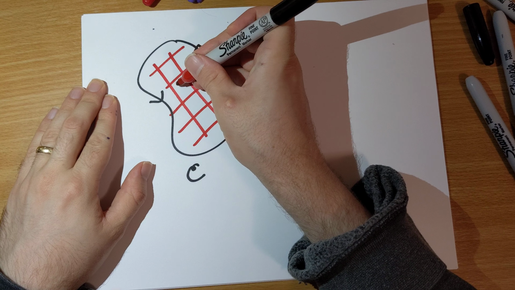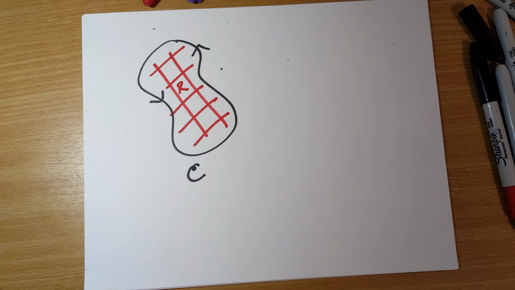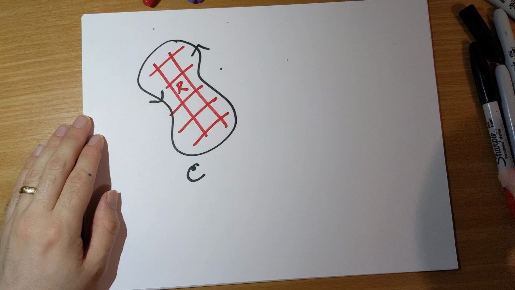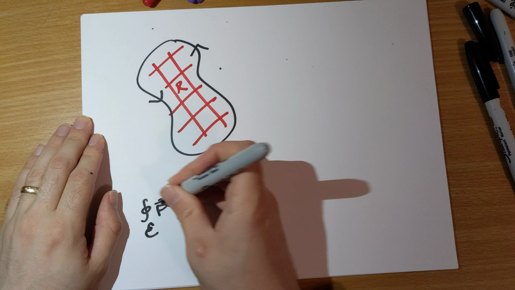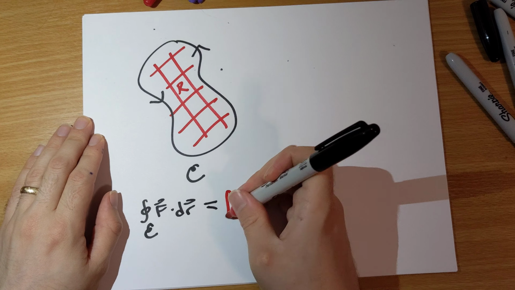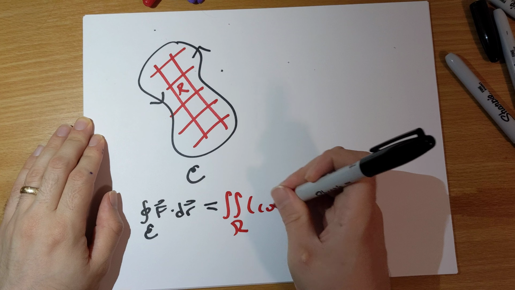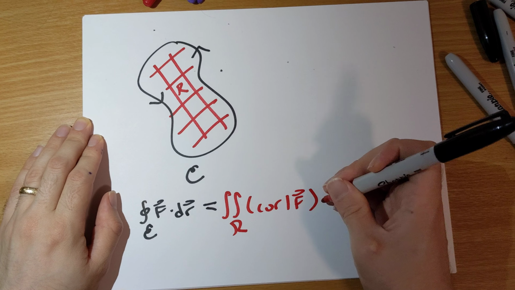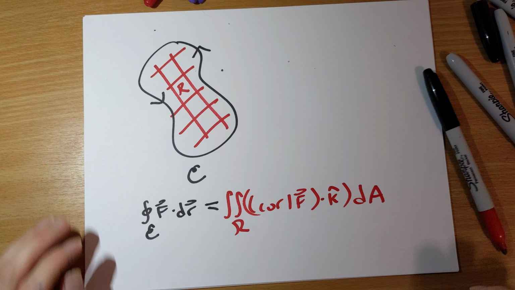And then we have some region R. The circulation, the integral over C of F dot dr, is equal to the double integral over R of curl F dot k hat dA.